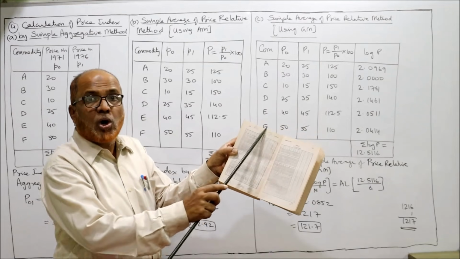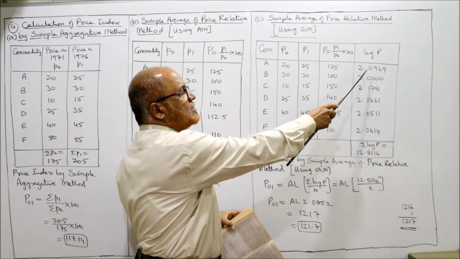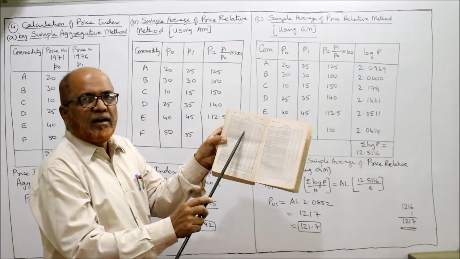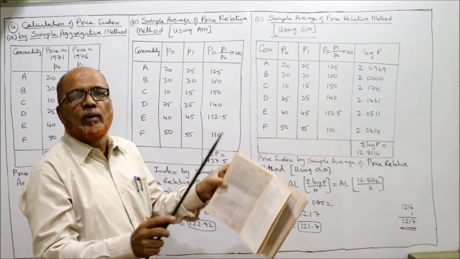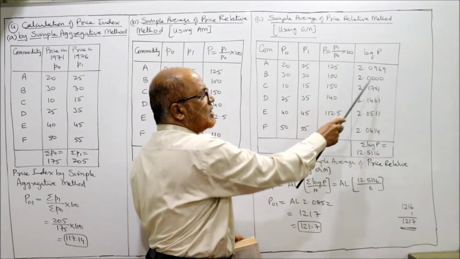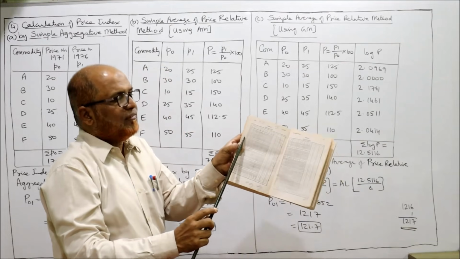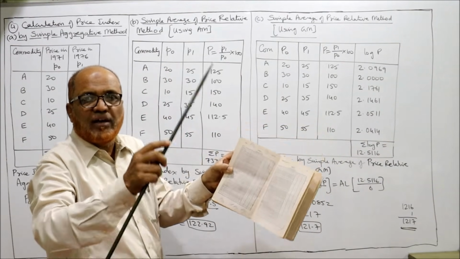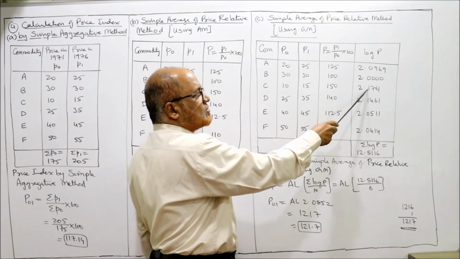Row 10 under column 0 you will get 0000. Row 15 column 0 you will get 1761.